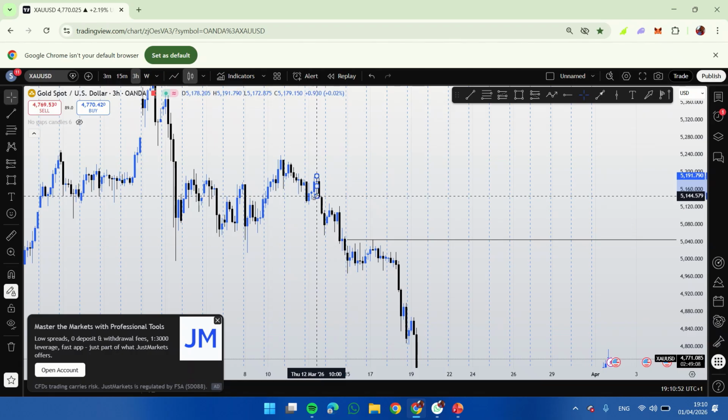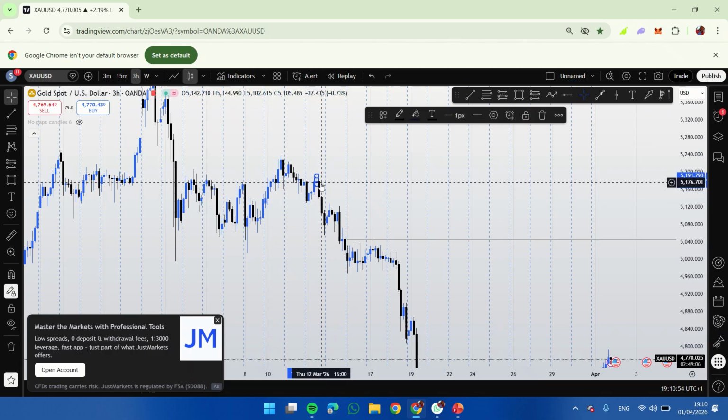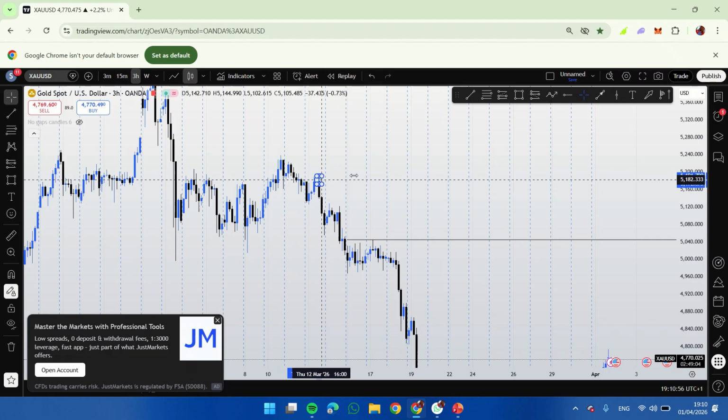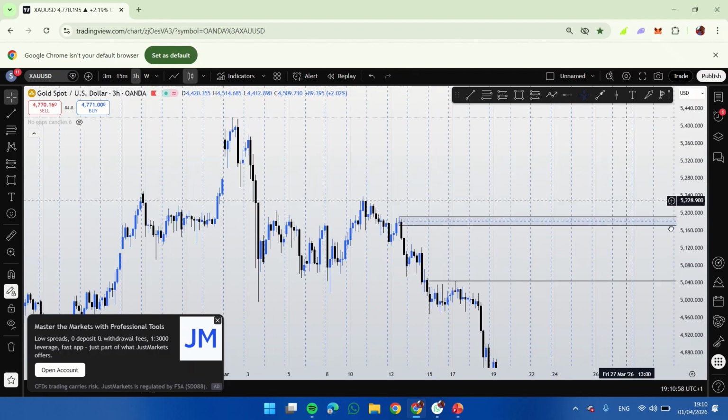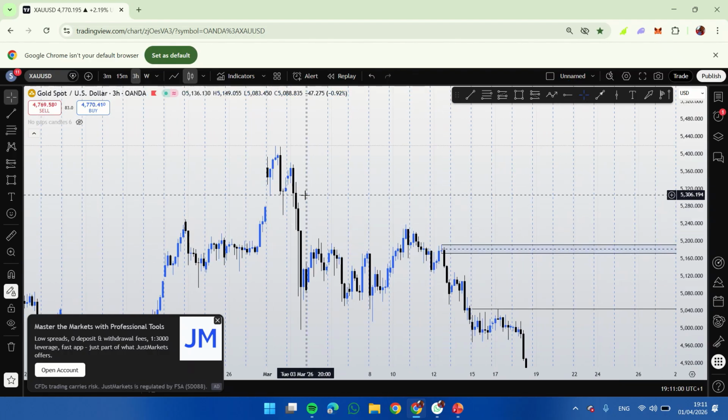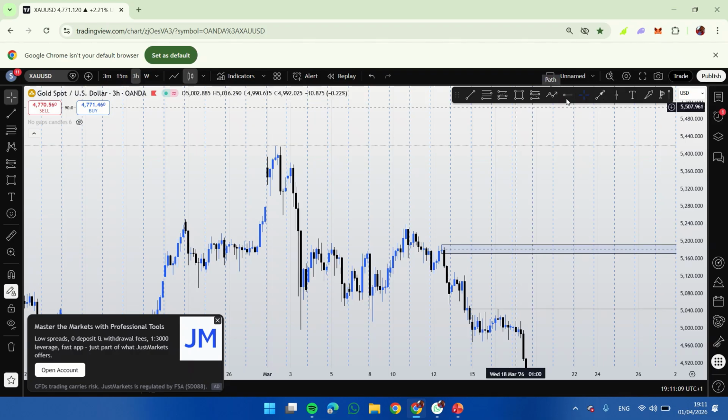Supply is the candle before the impulse. So this supply right here, and there are other areas here too. Let me just mark this one. So on everything you're seeing me mark, it is a point I expect price to react from. Not necessarily cause a reversal, but price will react there.